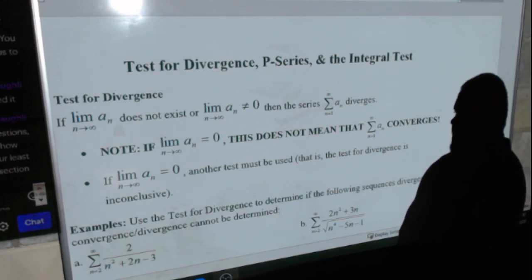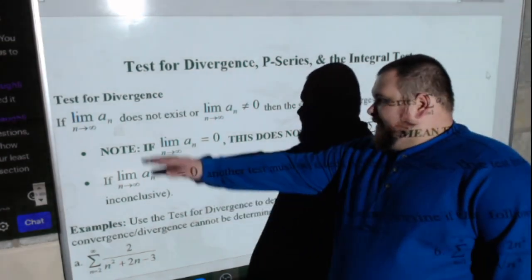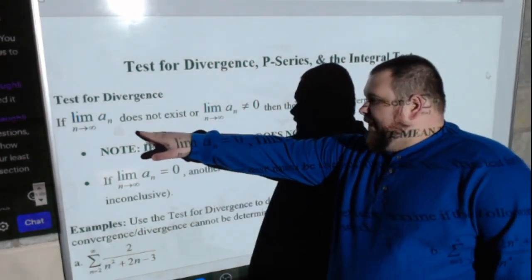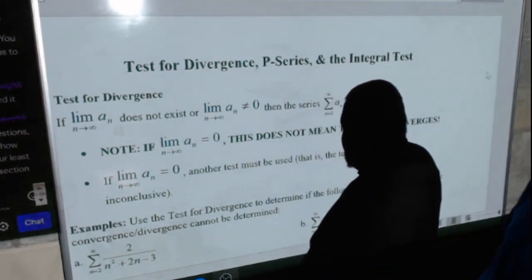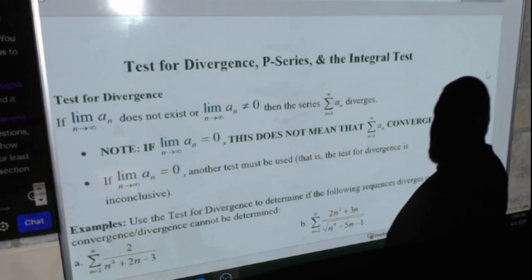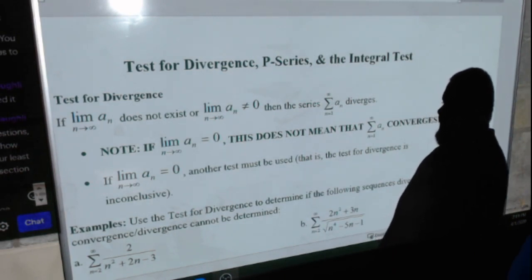Or at least to prove that it diverges. It says that if we have some series, we take the sequence a sub n from the series, and we take the limit as n goes to infinity.